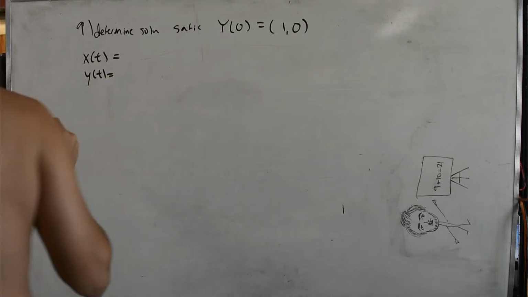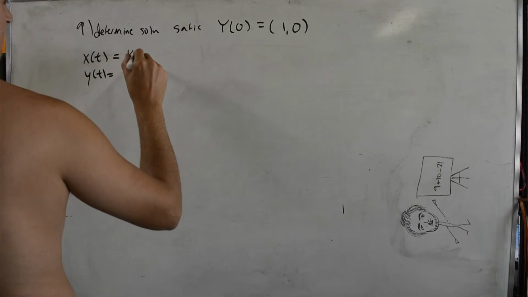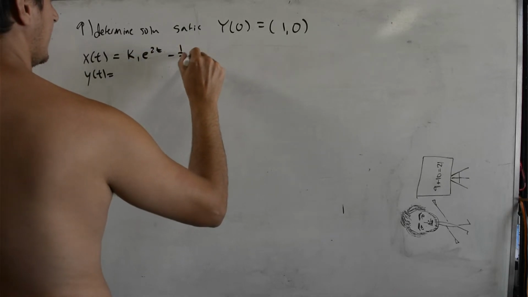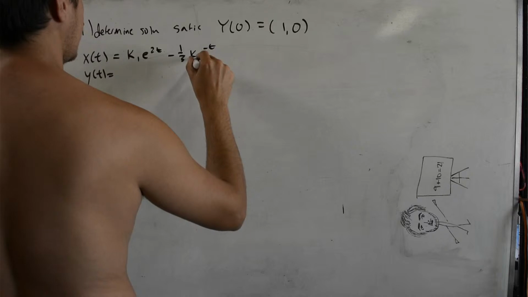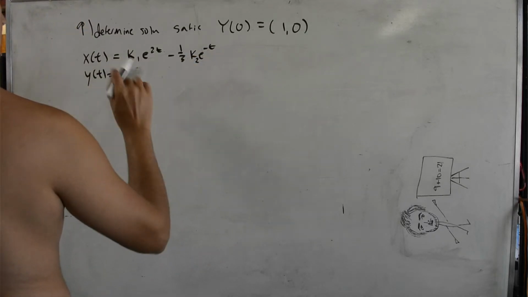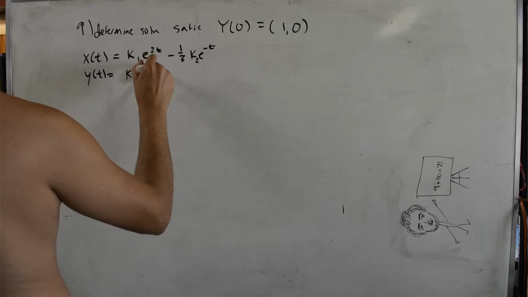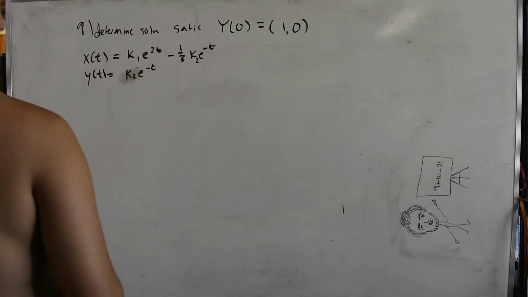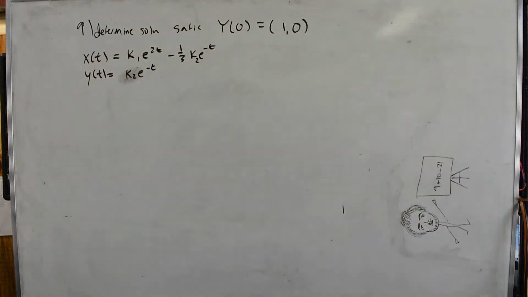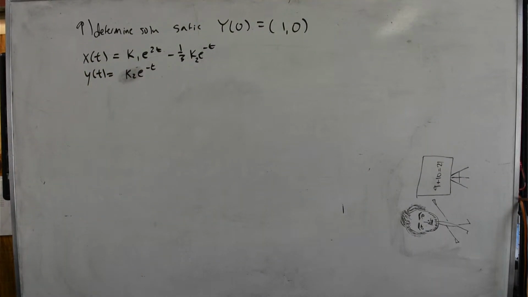It was like k1 e to the 2t minus 1/3 k2 e to the minus t or something, and then k2 e to the minus t or something. Let me just double check. Yeah, that's exactly right.